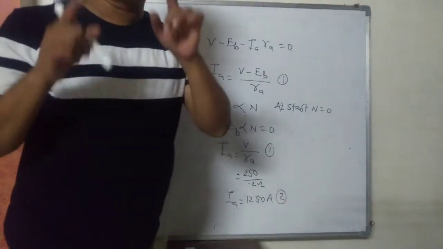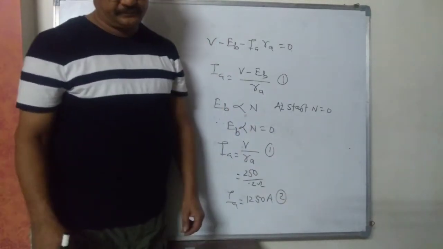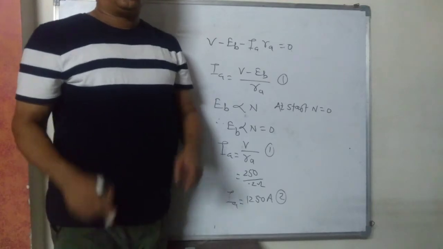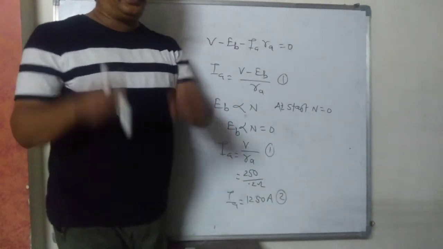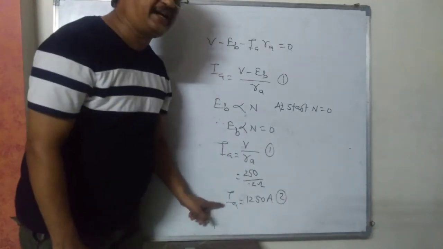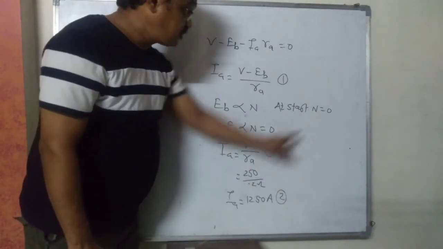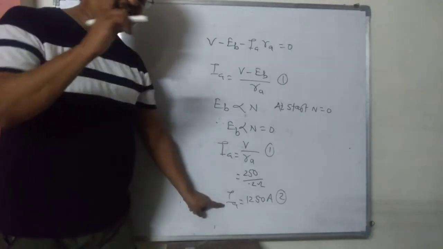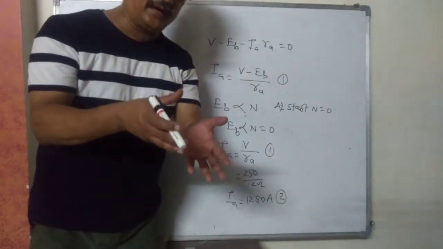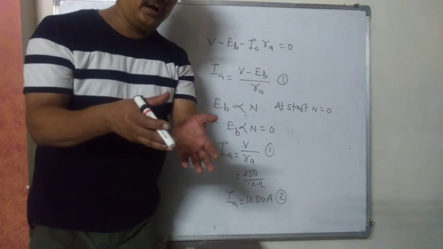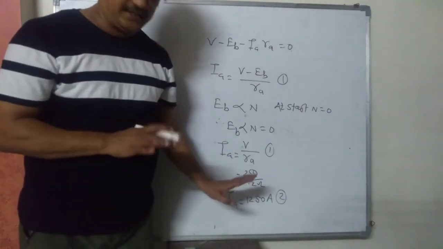So to avoid this damage and to run the motor in a safe way, it is essential to control the initial armature current, because initial speed is 0 and current may be excessively high. Suppose the motor is rated at 50 ampere and it is drawing 1250 ampere, it will be damaged.